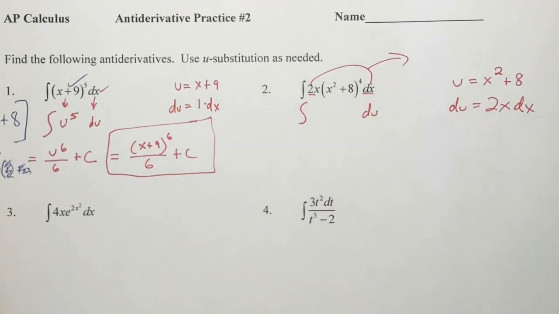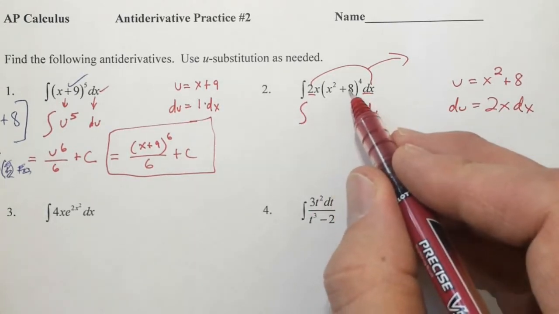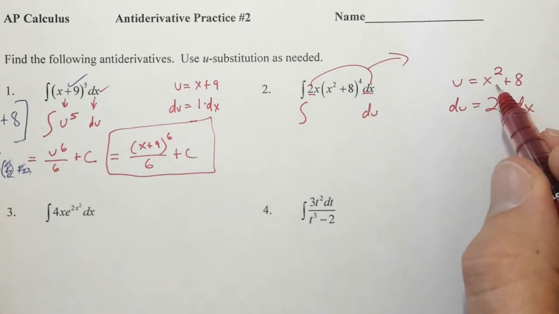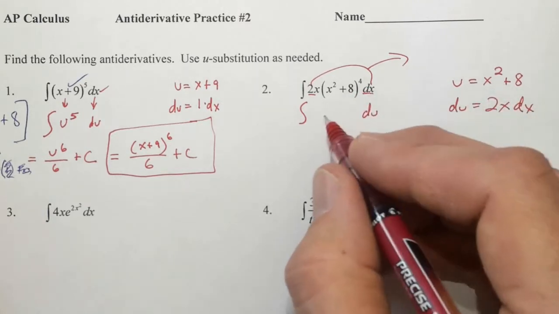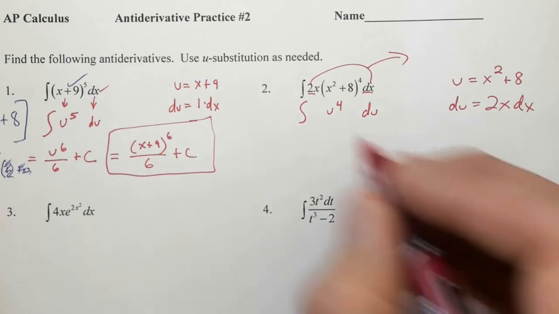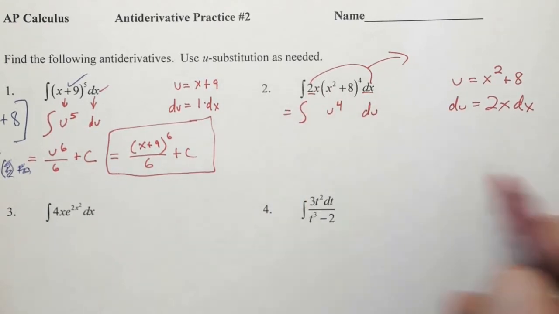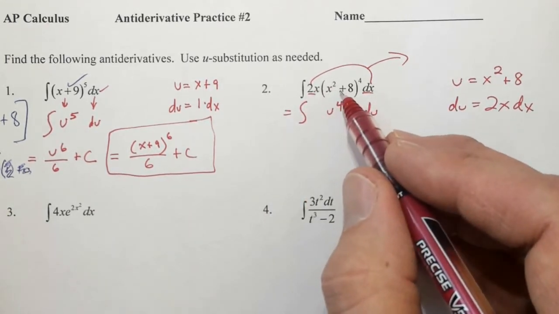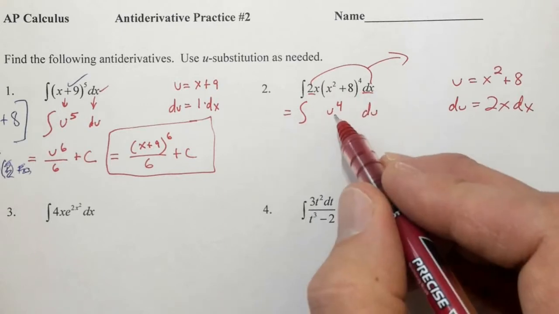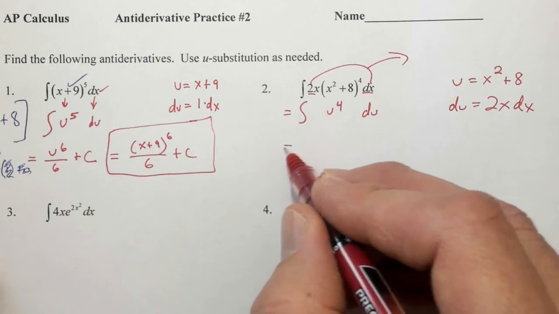Still have our antiderivative symbol. Instead of (x squared plus 8) to the 4th, x squared plus 8 is u. So we'll have u to the 4th. So these two expressions are the same. This one is complicated and a little difficult to antiderive. This, through substitution, is much easier, and it's a nice quick antiderivative.